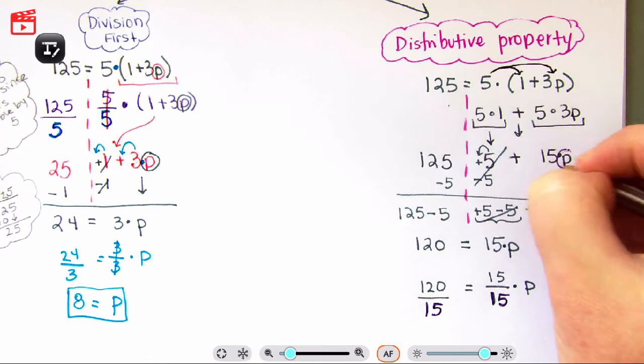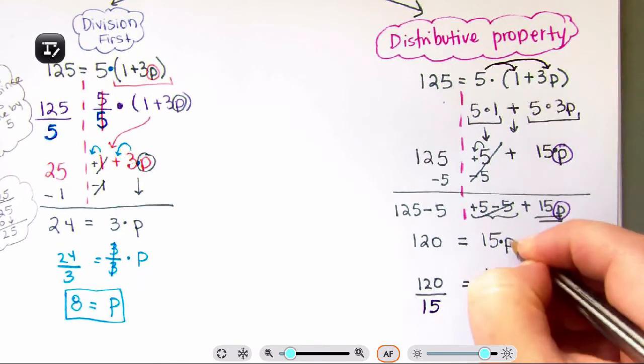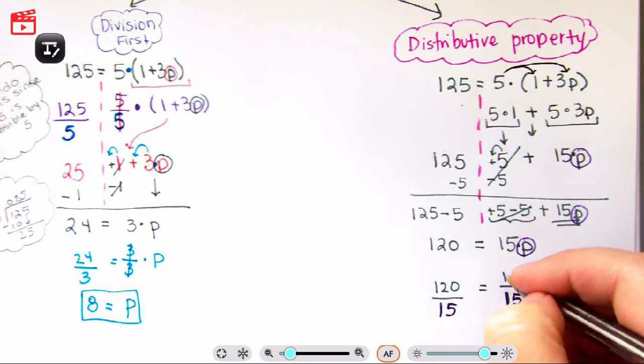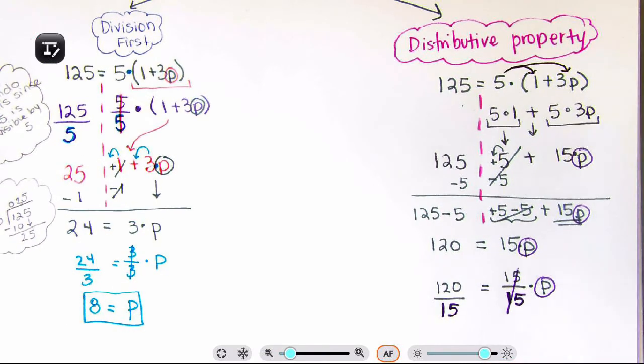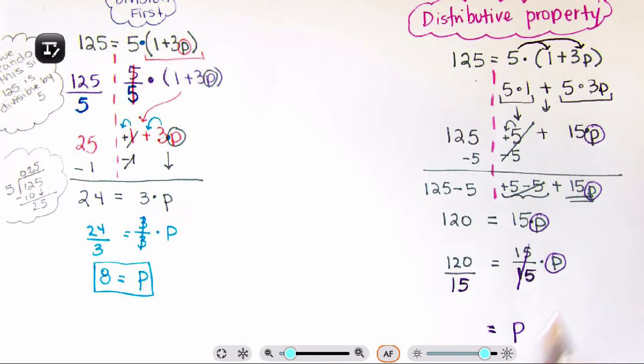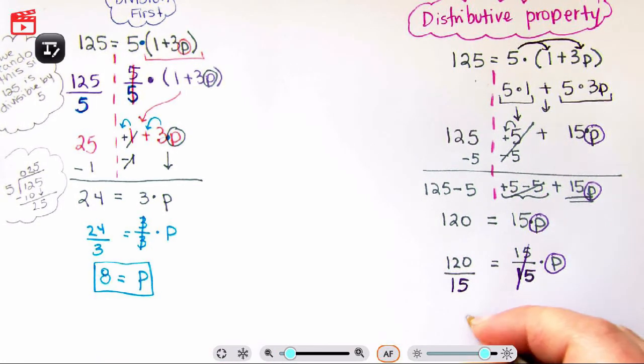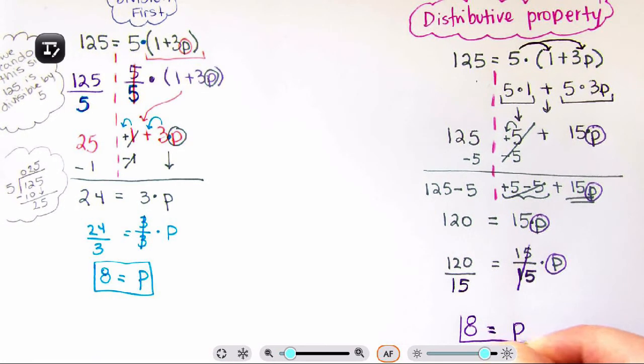I kind of forgot to put my variable in a bubble, but it is in a bubble. Okay, so same number top and bottom, that goes away. And then this one here, 15 times what is 120. I'm going to cheat a little bit and say, since it is the same problem, our answer is 8.